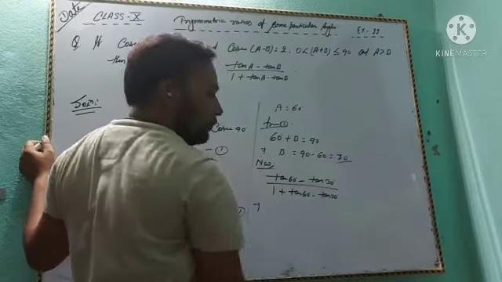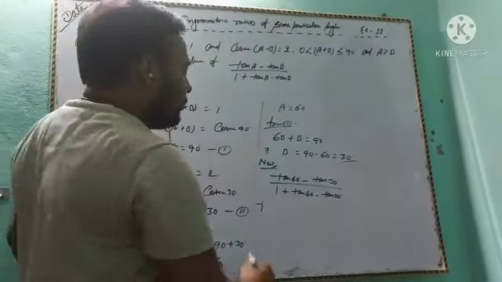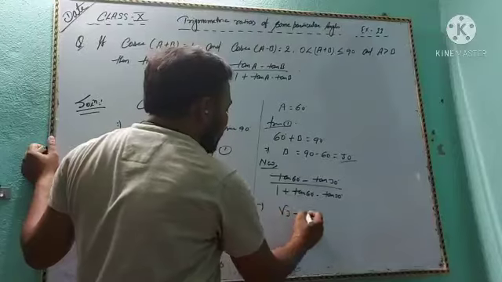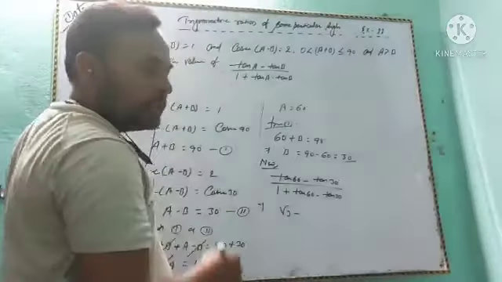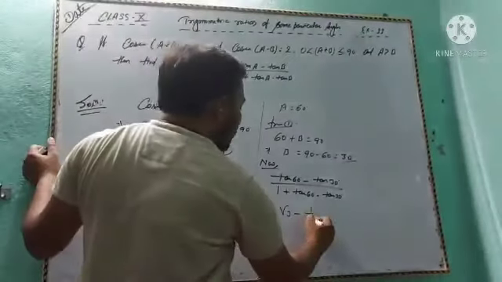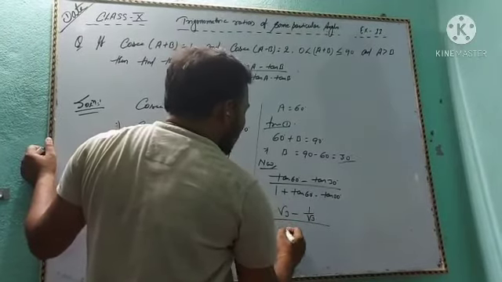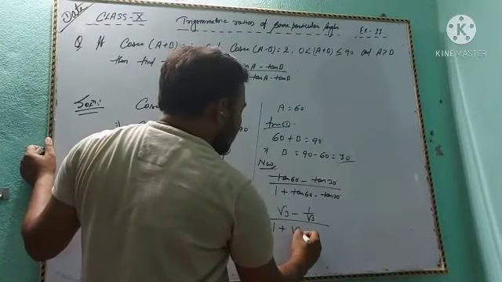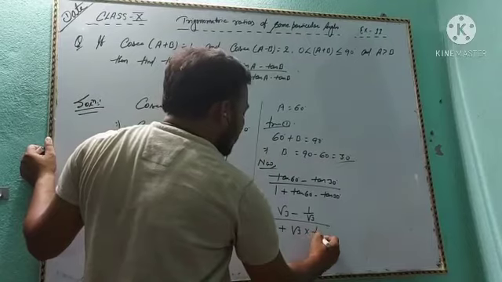Okay students, the value of tan 60 degree is root 3, minus the value of tan 30 degree is 1 by root 3, divided by 1 plus the value of tan 60 degree, root 3, tan 30 degree, 1 by root 3.